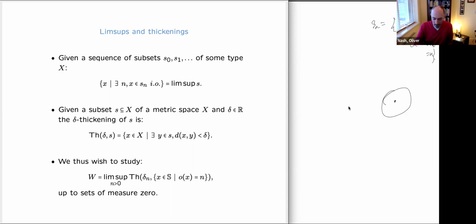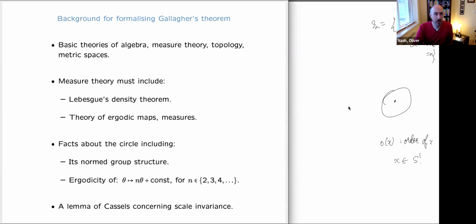So O of x is the order of x, where x is an element of the circle. Okay, so I haven't done any maths yet. All I've done is give some history and give a way to define the set that we care about in a new language. Okay, and so then how do we get there?